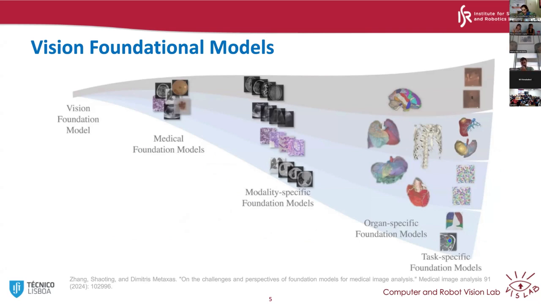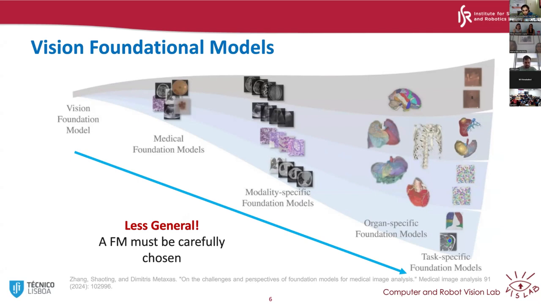Then we have modality-specific foundational models, for example, for MRI or for pathology data like we have here. And then we have, for me, those at the bottom, which are no longer foundational models because they are task-specific, so it disrupts a little bit the concept of the foundational model.